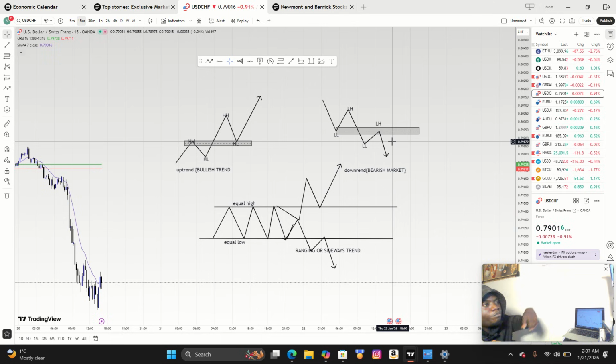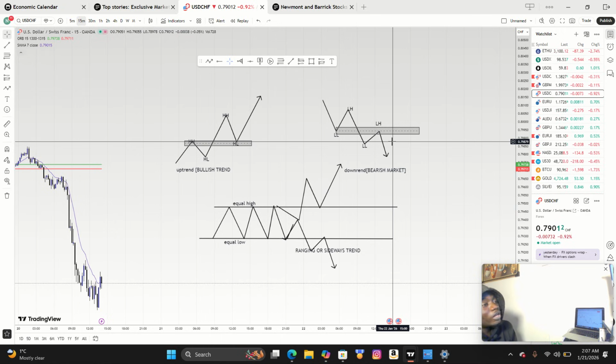But for a ranging market in a higher time frame, like a 4 hour or a daily time frame, if I notice the market is giving me a ranging market, what I usually love to do is just wait for the market to tap to my equal high, then I execute my sell. And when the market taps into my equal low, I execute my buy.